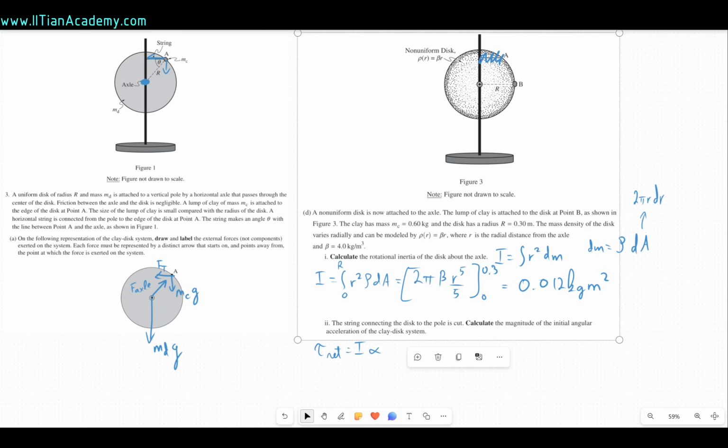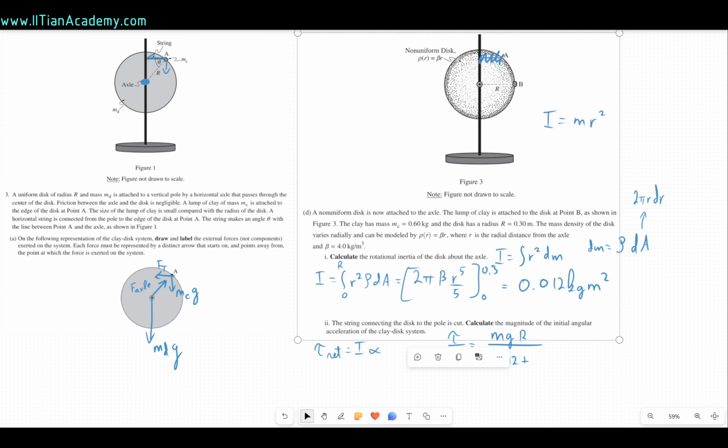So you can say that the angular acceleration is the torque divided by I. The torque will simply be provided by this little clay block, which will have a torque of the force, which is m times g times r, and the moment of inertia will be what we have calculated of the disk, and then we need to take into account the moment of inertia of the point as well, and we know for a single point it is simply m times r squared.